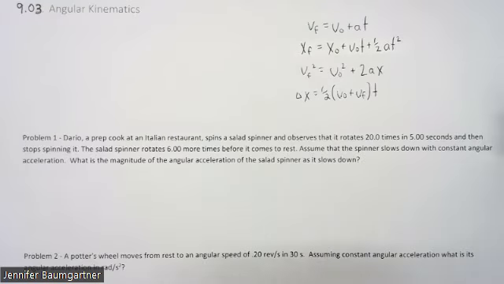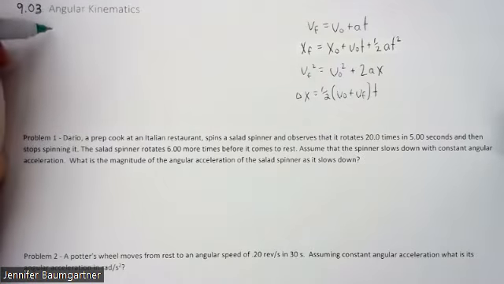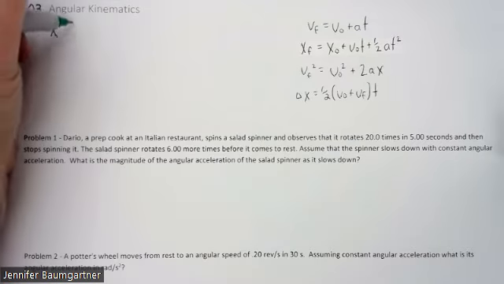Now, I wrote out the straight line kinematic equations over here. We've got v sub f equals v sub o plus at, x sub f equals x sub o plus v sub o t, and so on and so forth. In order to keep them separate, we change the letter symbols from the English alphabet to Greek. So instead of x, we use theta.